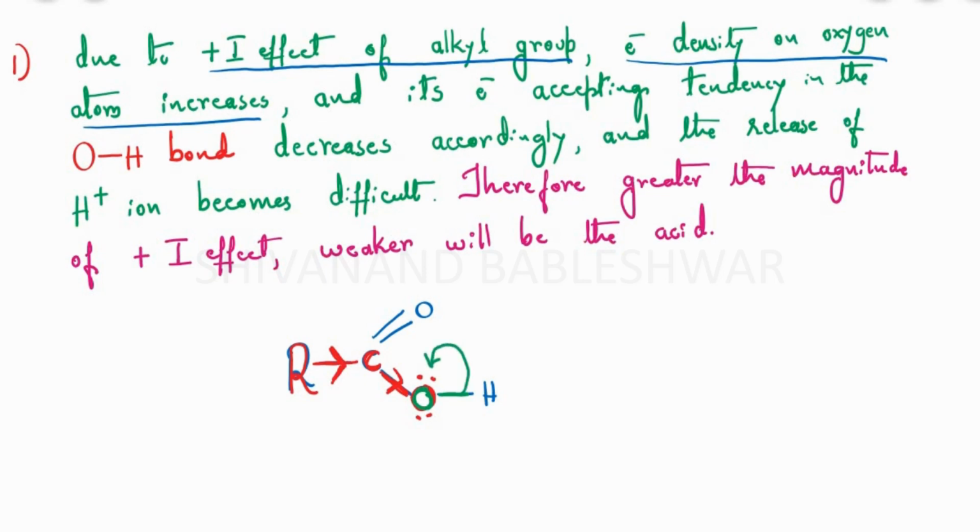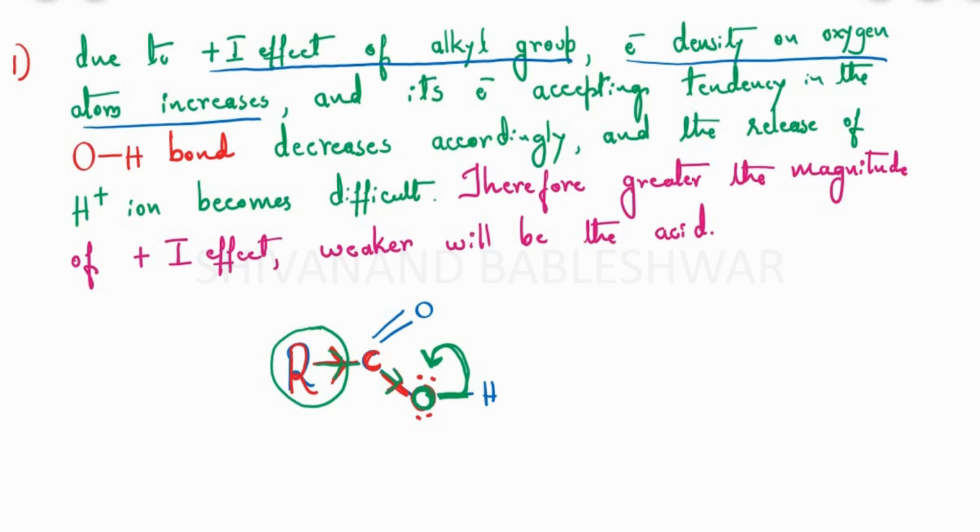But here somebody is giving electrons. Who is that somebody? The alkyl group is giving the electron to this carbon, and this carbon is giving electron to this oxygen. So one can say that by receiving electrons from the alkyl group, the tendency of the oxygen atom to take the bonding electrons of this OH bond towards itself goes on decreasing.